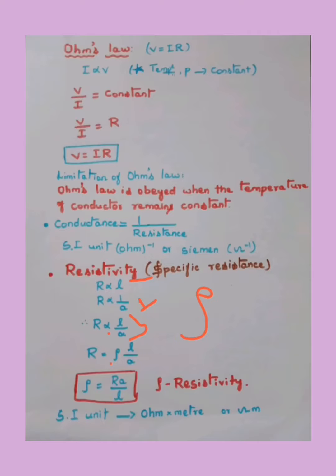Where this rho is called the specific resistance or resistivity of the material. Rearranging this formula to make resistivity the subject, rho is equal to RA divided by L, where rho is resistivity. The SI unit of resistivity is ohm meter.